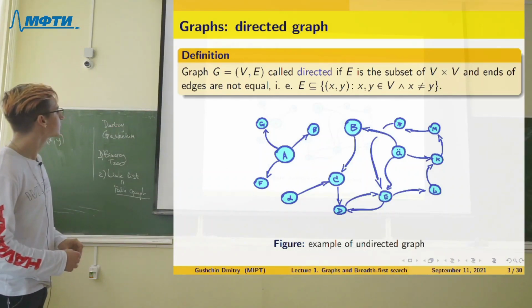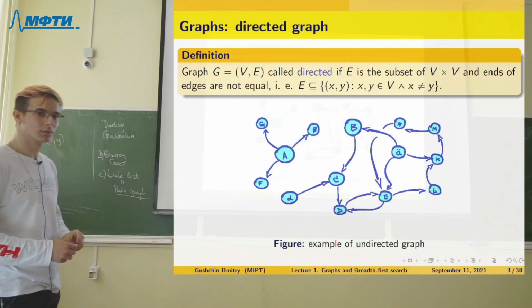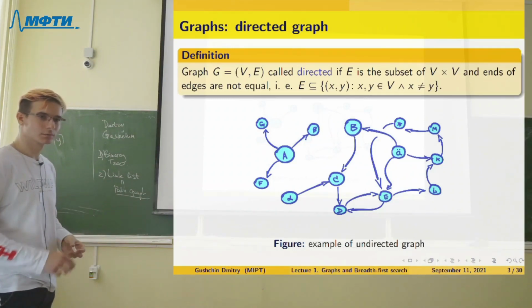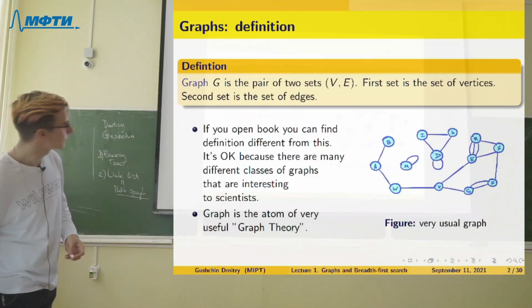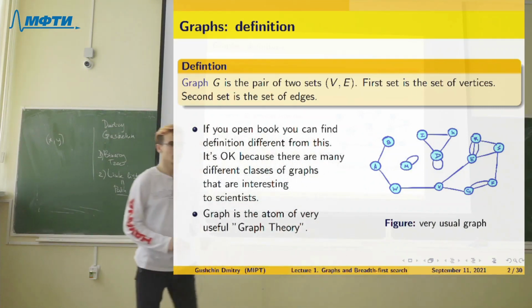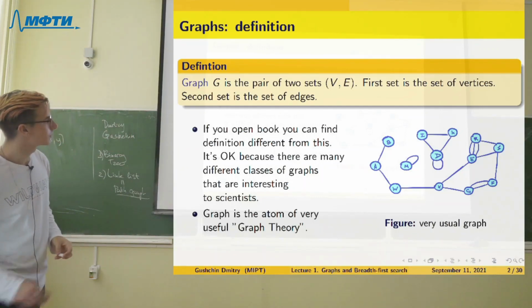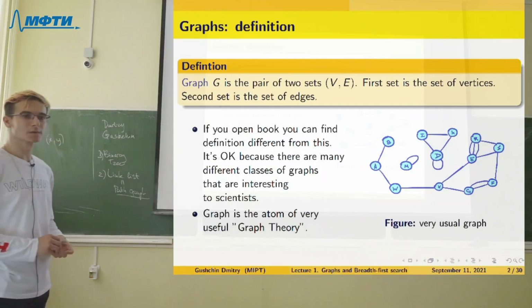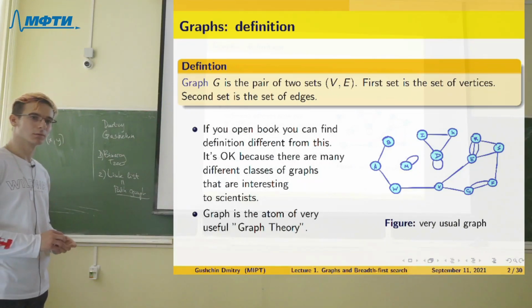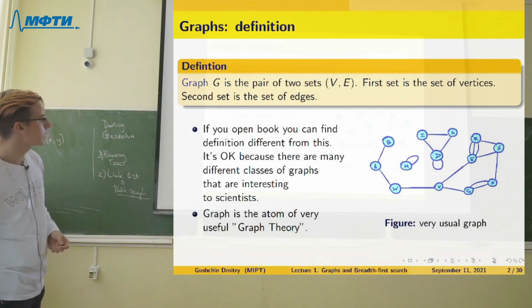Formally, for example, as a picture, you can see on this picture there are loops from M to M and from D to D. And we cancel this possibility. This is not possible. This is another thing.